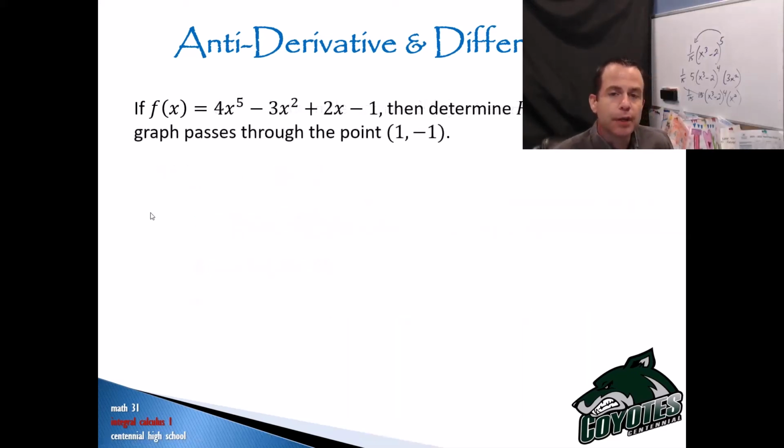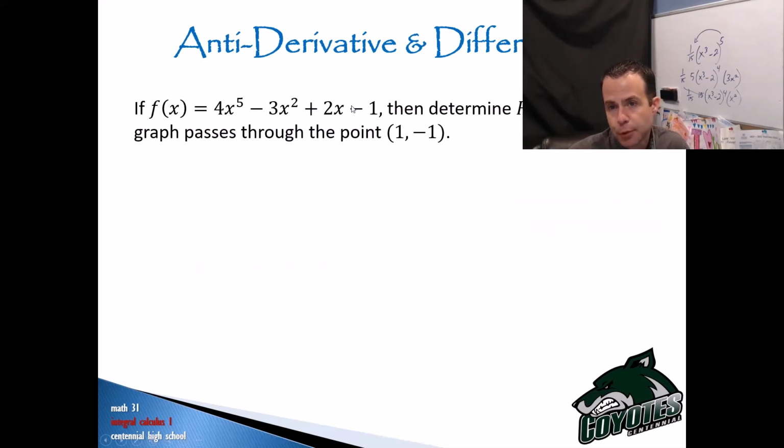So if little f of x is 4x to the 5 minus 3x squared plus 2x minus 1, determine big F of x when its graph passes through the point (1, negative 1). Okay, so I have to take the antiderivative. This is going to move up to a 6, so 4 over 6 becomes 2 over 3. This moves up to a 3, negative 3 over 3 becomes negative 1.